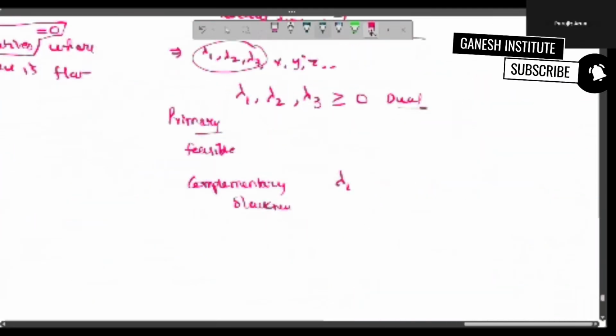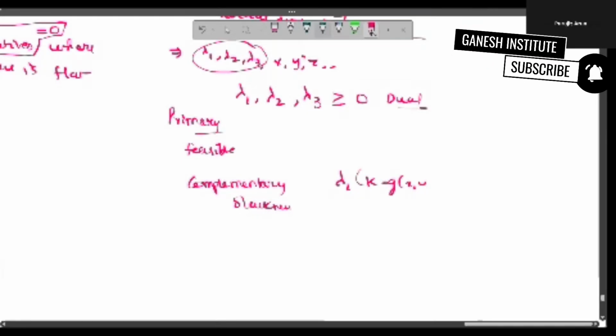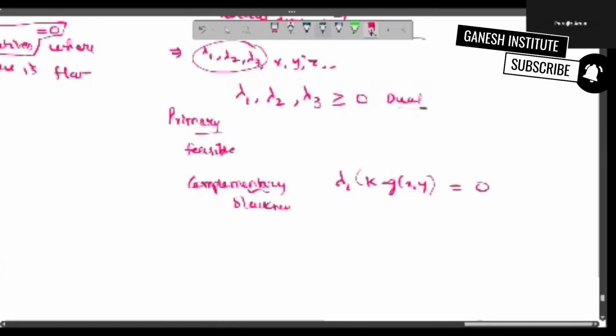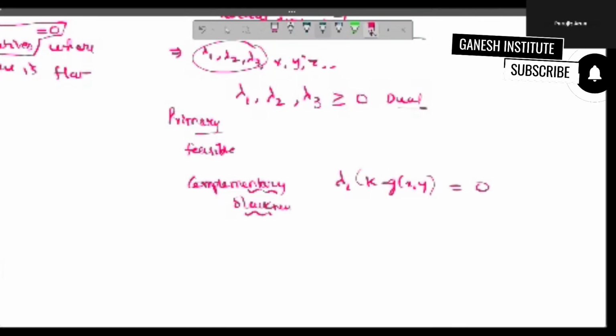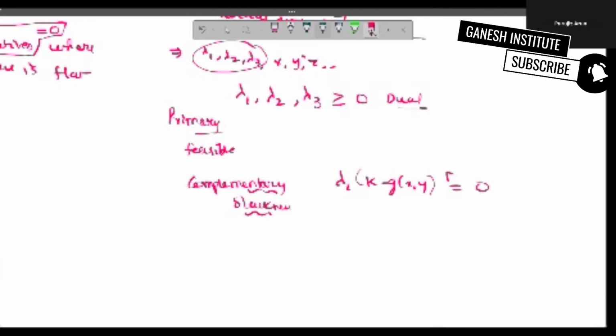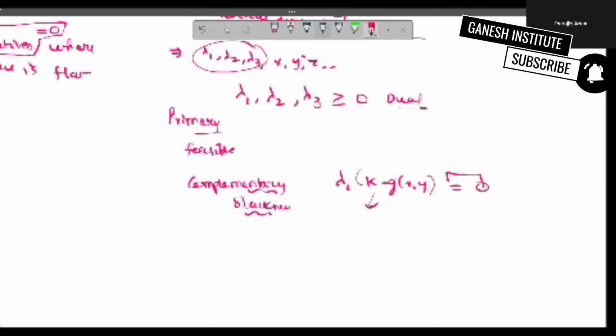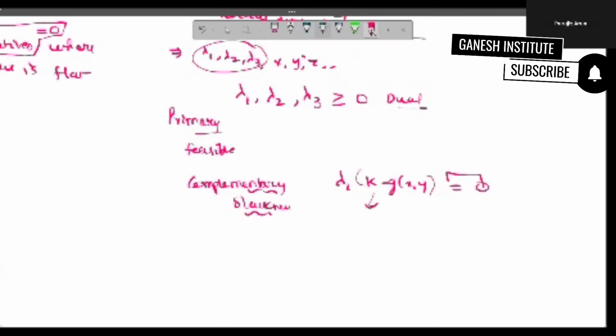You have to substitute that as zero. Complementary slackness: substitute it to zero and find out the value of lambda. Are you getting my point?